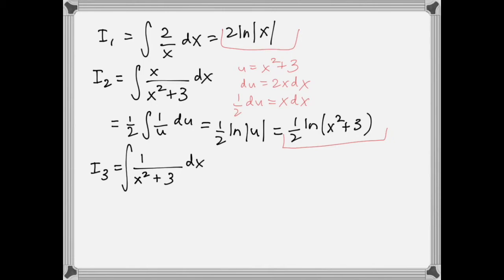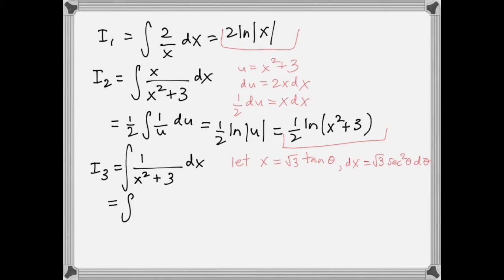We're going to let x equal the square root of 3 times tan theta, right? Because we actually had an a squared plus x squared there. If you forgot this method, then you have to go back and review section 7.3, because trig substitution is exactly the method that we're using here. And so dx is equal to square root of 3 secant squared theta d theta.